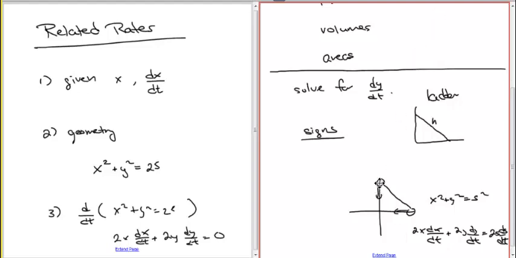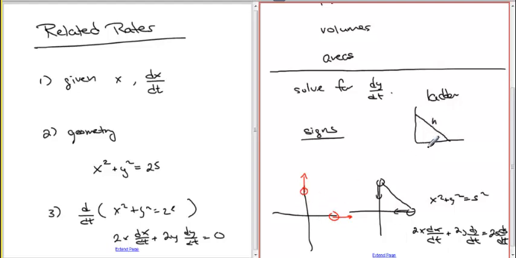Let's say these airplanes, here dy/dt is negative, here dy/dt is negative. If you had the planes flying away from each other like this, so they're going this way and that way, dy/dt would be positive. If one's going this way and one's going that way, then one's going to be positive and one's negative.